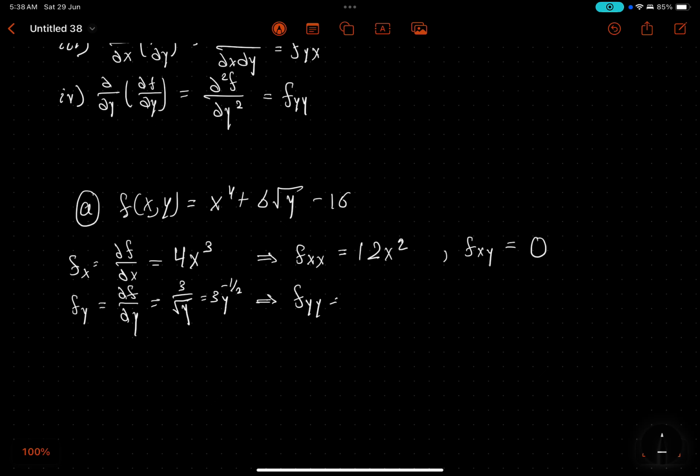Now if we differentiate that, we're gonna get negative 3 over 2 y to the negative 3 over 2. Now this is the second partial derivative with respect to y. Now if we do fyx, we're gonna basically get 0, since we don't have any x's and y is treated as constant. And that's the solution to the first example.